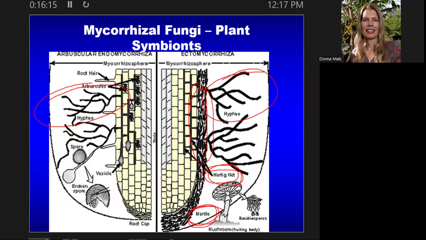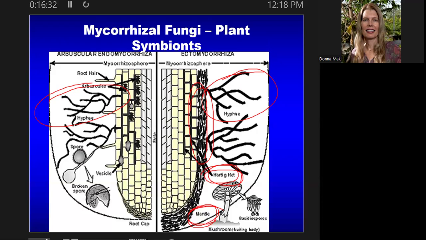So they're in the cell wall space. And so they're right in the cell wall space and they can surround the cells. And so if that's pretty extensive, and if you can imagine all the root cells going away, what you're left with is a net. It looks like a fishing net.